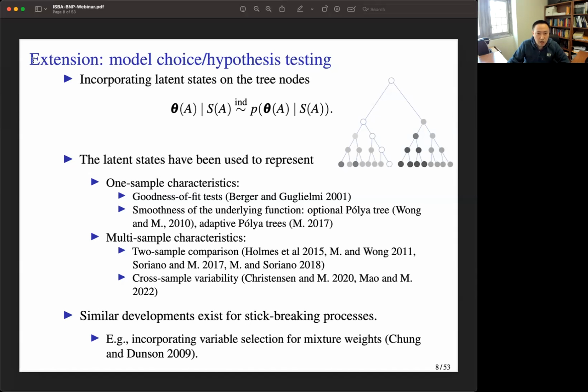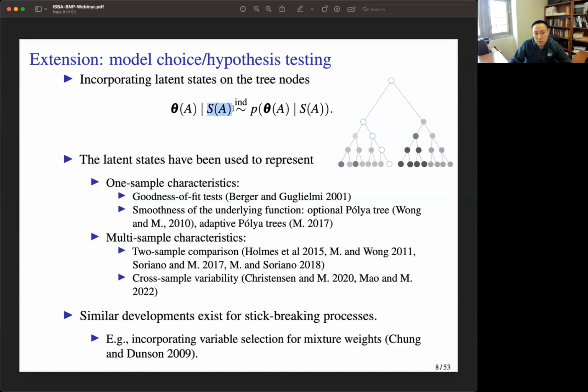Another direction that I personally worked quite a bit on in the tree modeling literature, as I mentioned earlier, is their applications in the context of model choice and hypothesis testing. In particular, one of the techniques that I've worked quite a bit on in the last 10 years is that, as we remember earlier, for example, in the Polya tree, you have independent branching probabilities modeled as, say, independent beta or some other prior.